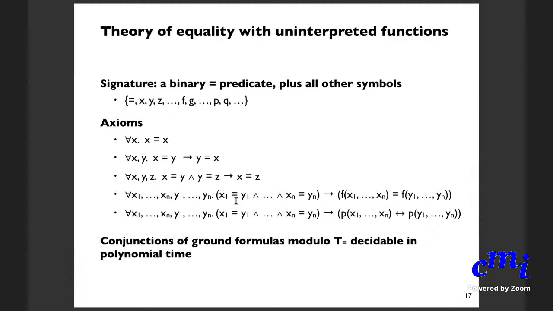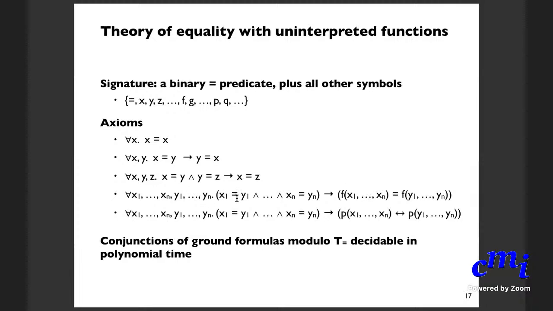If f is a function, then all it says is that if you apply it to arguments that are equal as per the equality symbol, then the result of applying f to x1 through xn should be equal to f applied to y1 through yn.